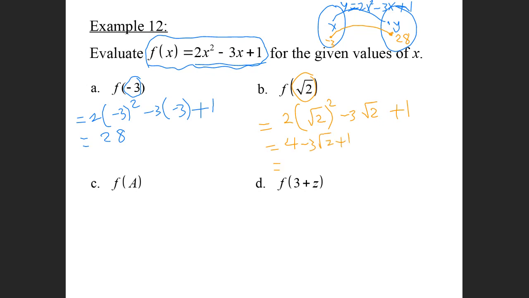So the final answer is 5 minus 3 radical 2. And you can use your calculator to approximate this answer. So what's the approximation of this answer for 3 decimal places?